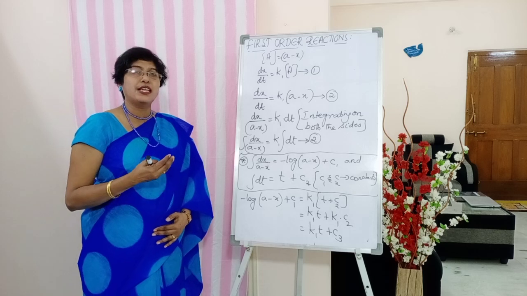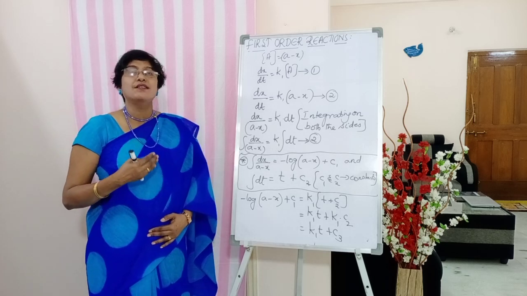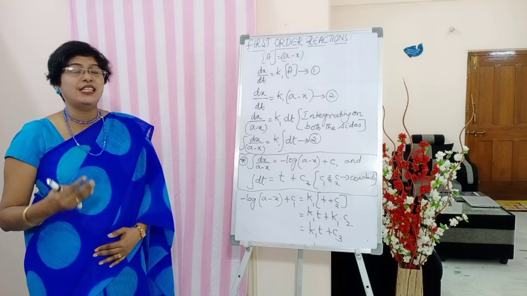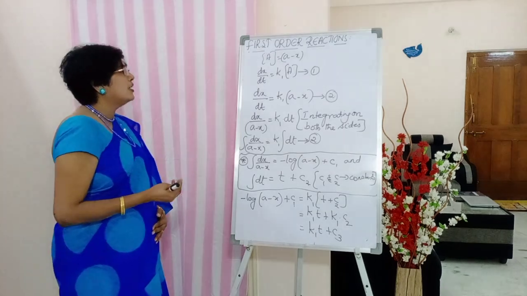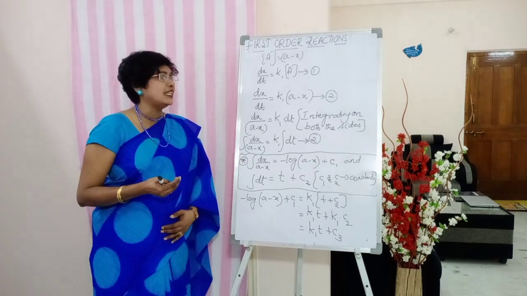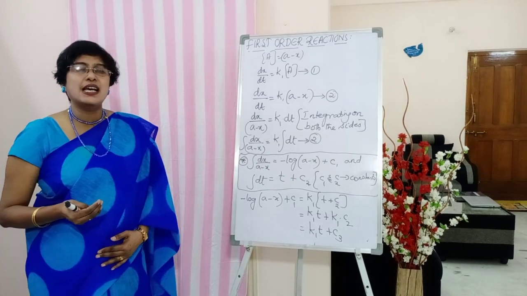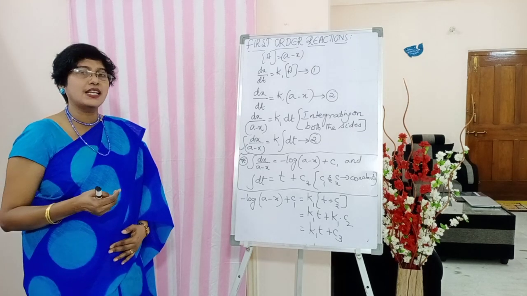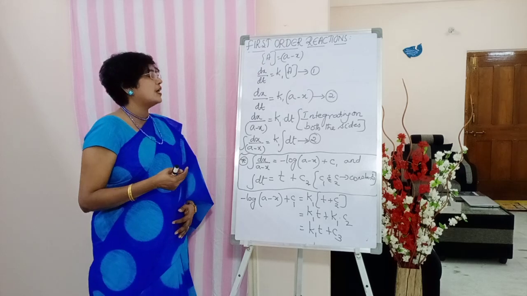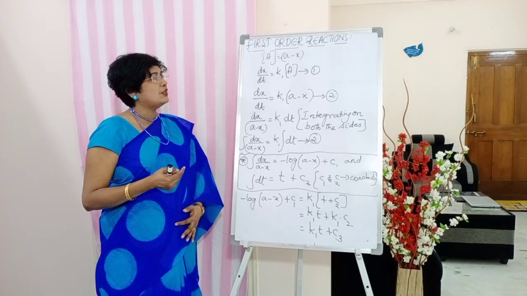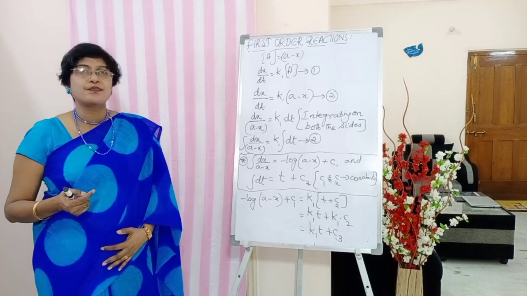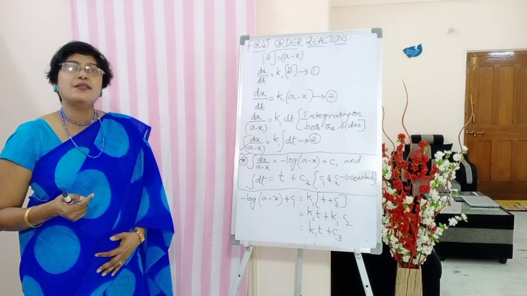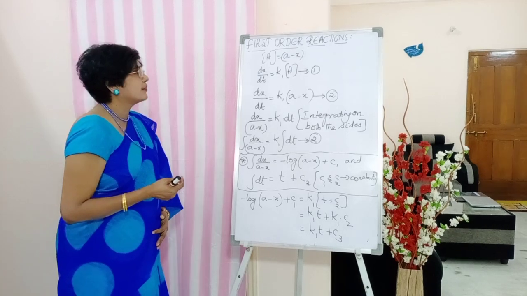So substituting the concentration of A, that is A minus X moles per liter, in equation 1, we get dx by dt is equal to K1 into A minus X. Okay, write down: dx by dt is equal to K1 into A minus X. This will be your equation number 2.